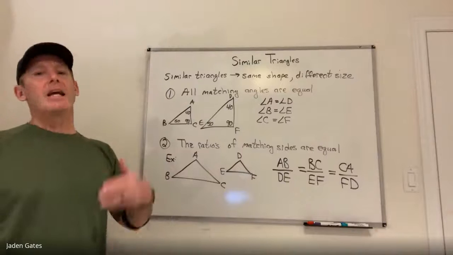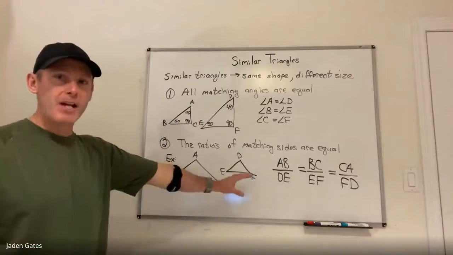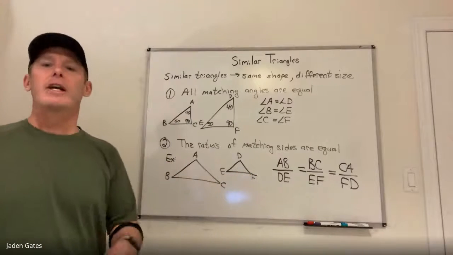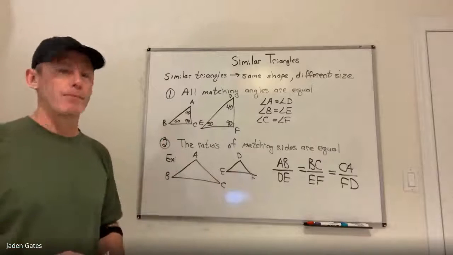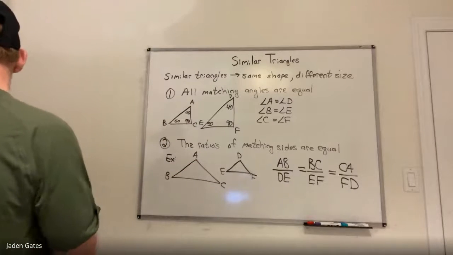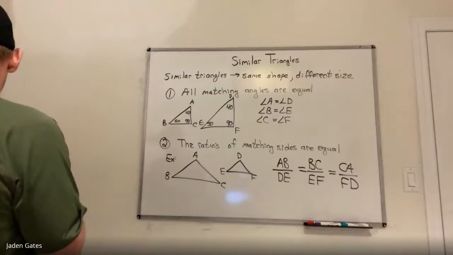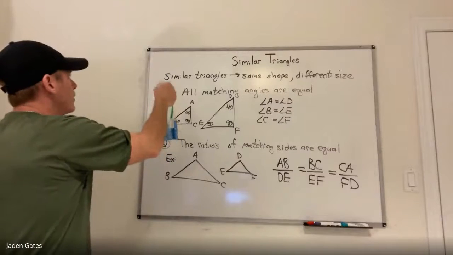But if you take a side from the big triangle, divide it by the matching side of the little triangle, no matter which sides you pick, as long as you get the matching sides, you're going to get the same number. All right. So that is a key thing. And again, we're going to use that. Now I said there are three things. All right, so we'll get to that third thing.